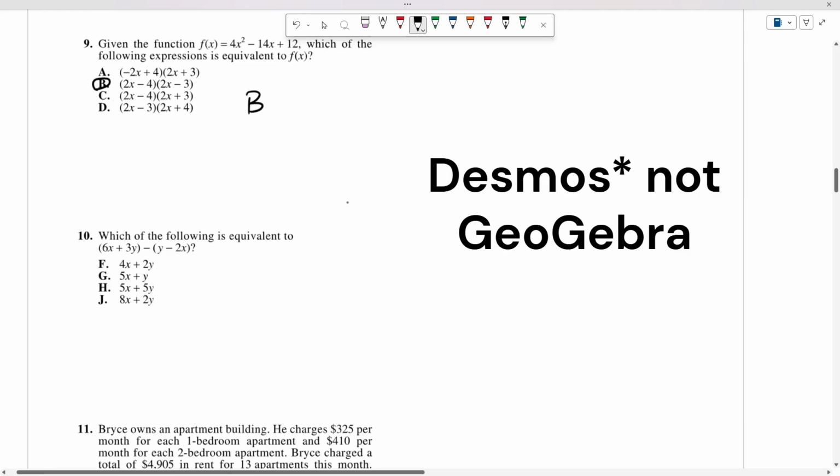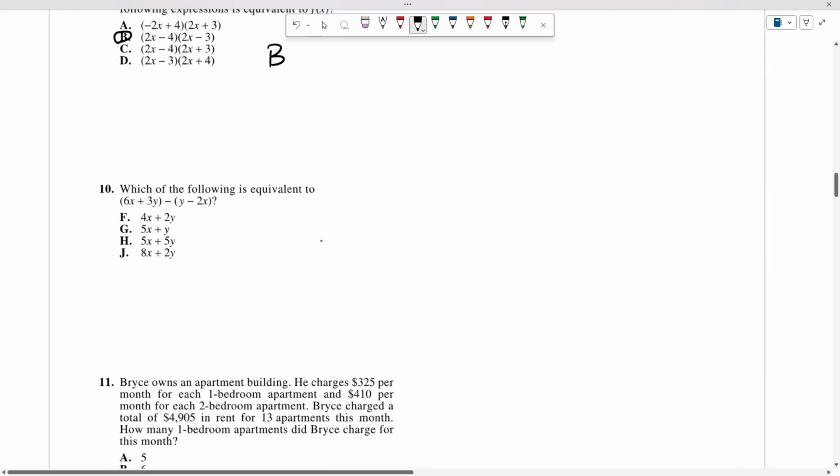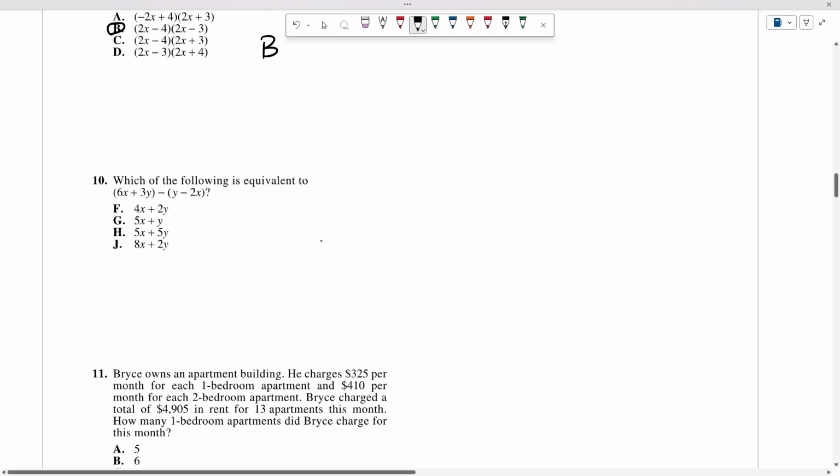Okay. Number 10, which of the following is equivalent to 6x plus 3y minus y minus 2x? This is combining like terms. When you have this minus sign, we distribute it. So we're going to have 6x plus 3y minus y, and then we have minus minus 2x, which means we have plus 2x, okay?